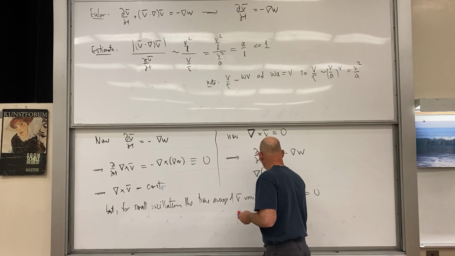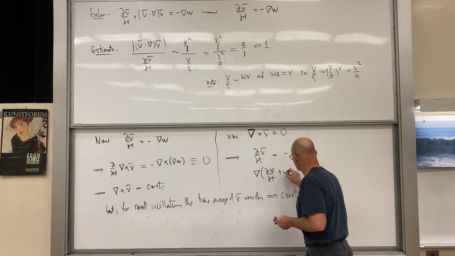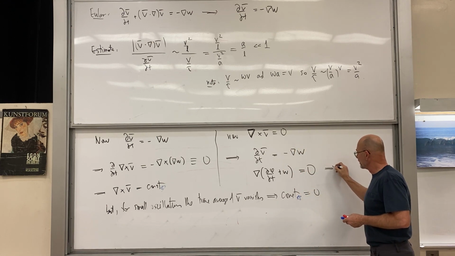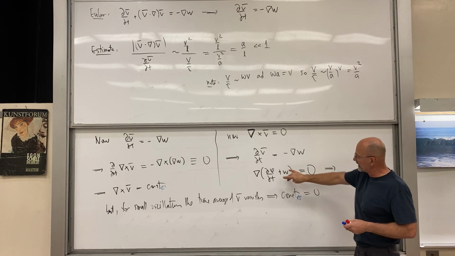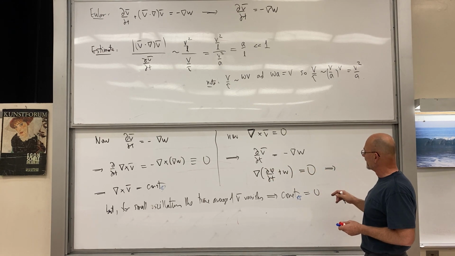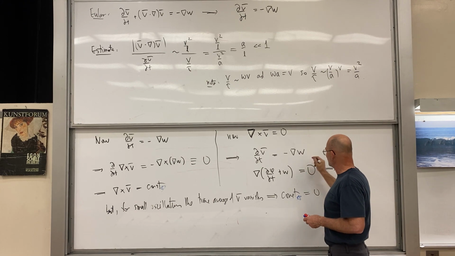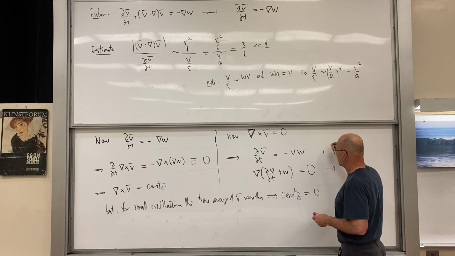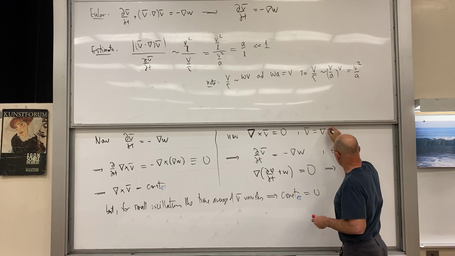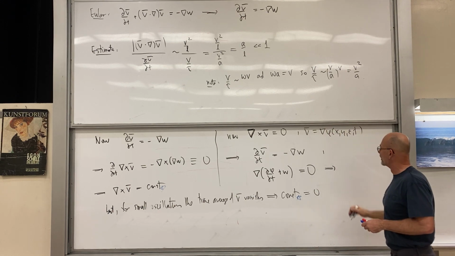Gradient d phi dt plus W is equal to 0. Therefore, and again, I'm just exchanging differentiations. Here I made use of the fact that V equals gradient phi of x, y, z, and t, like I had before.